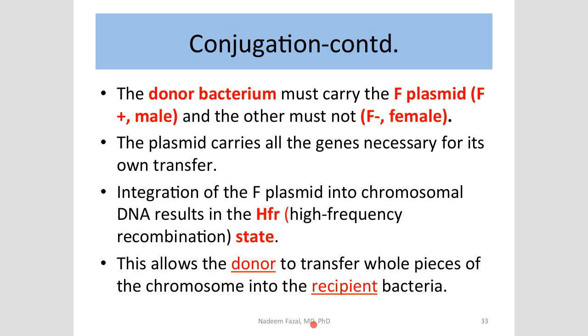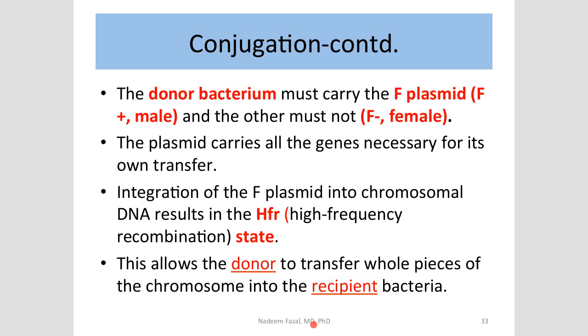Now this conjugative plasmid is transferred through the physical contact of the F pilus. So the F plasmid from one basically integrates into the chromosome of the other. That's the important thing, a chromosomal mix and match.